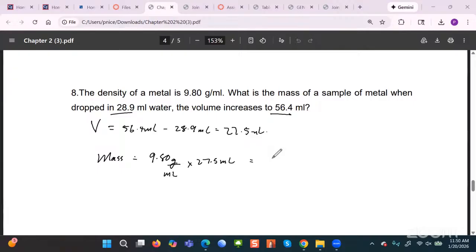And if we do that, the answer will be, and please note, the answer is going to be 270 with a decimal point here, because we have to indicate that the 0 is significant, right? So the final units will be grams because those units will cancel out, and that's it. All right? Any questions about this one?